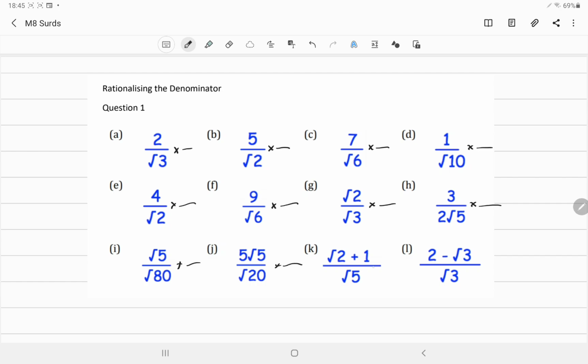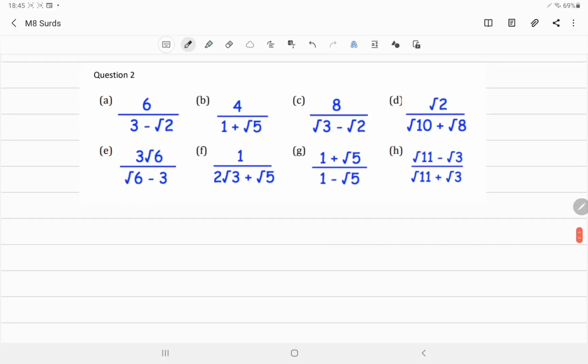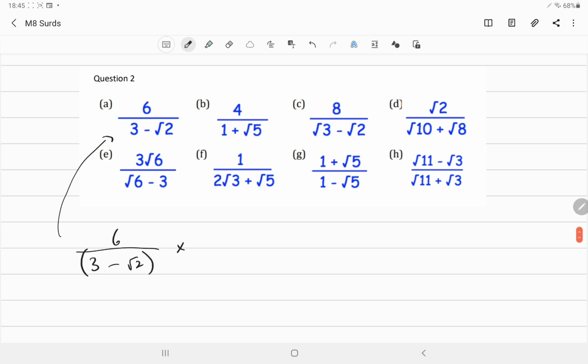Now there's a second set of questions underneath that. Now you can try them if you want. I'll give you a clue about how to do this one, but I'm going to do it in more depth in the next lesson. So treat the bottom, the denominator as its own term, as a full bracket, and we're going to multiply top and bottom by another bracket.